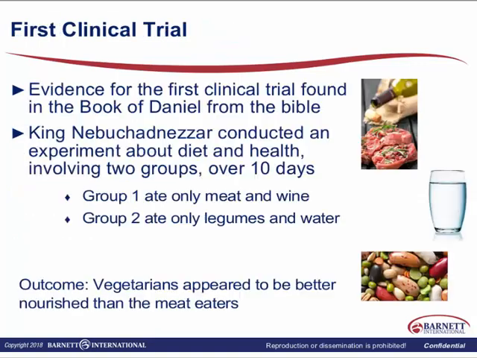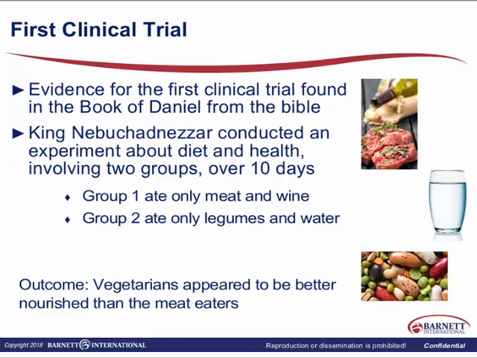Okay, perfect. Back at the history of clinical trials, we can actually look to the book of Daniel in the Bible. There was an experiment that was conducted by King Nebuchadnezzar, who was also a military leader. During his rule in Babylon, he ordered his people to only eat meat and drink wine.